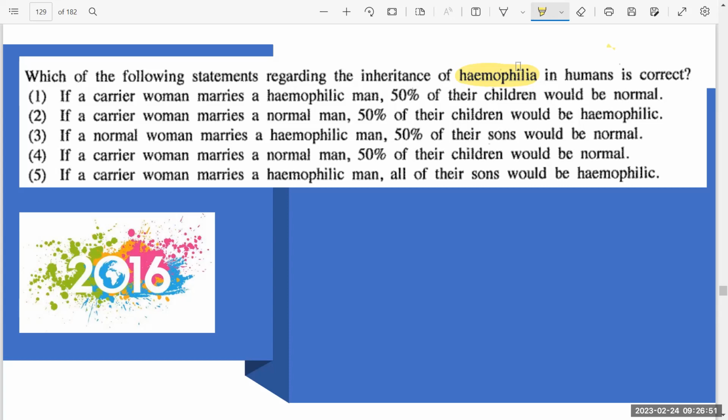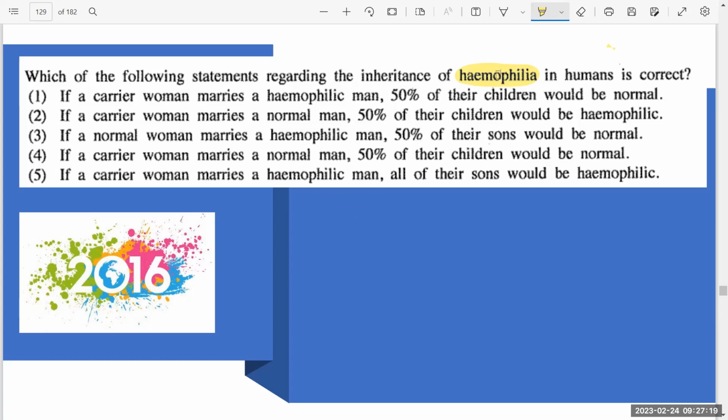If only one person is a carrier and the recessive form is the genetic disease, there is less chance. But if both are carriers, that means both have one recessive allele that causes the disease, then a 25% chance comes.